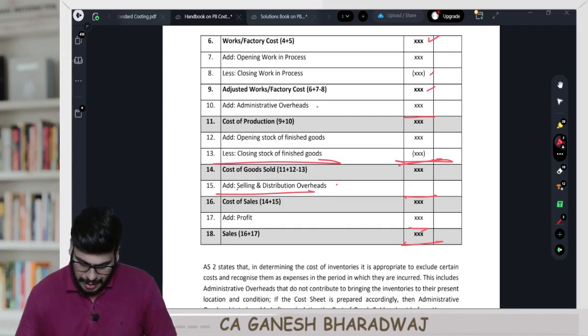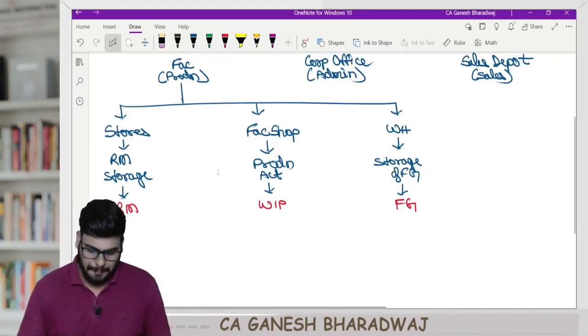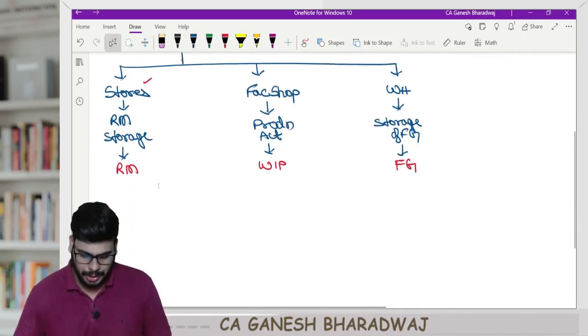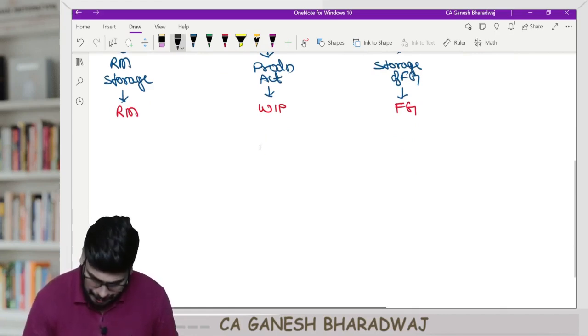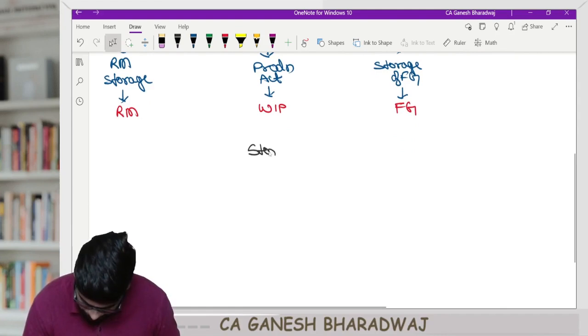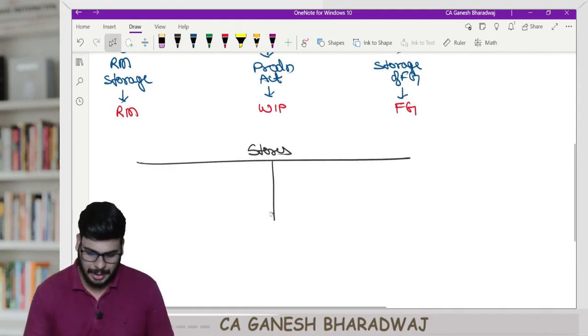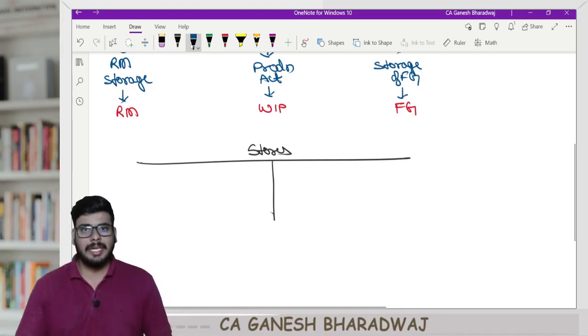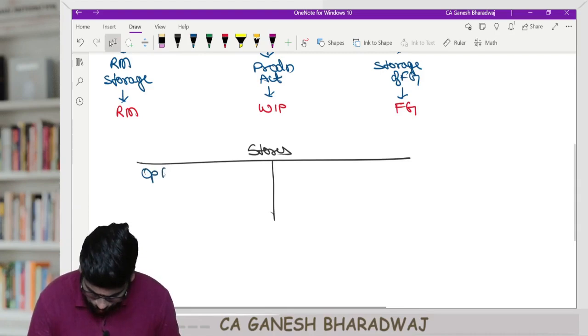Now, visualize this stores area first. The entire activity begins in this stores area. Now, what happens in the stores area? At the beginning of the period, I have some opening stock of raw material.